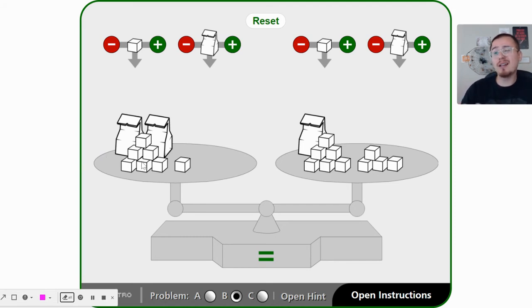It looks like I got 7 blocks on the left and I got 10 blocks on the right. Now you might be able to logically in your head be like, oh, I think each bag has 6 blocks, 5 blocks, 4 blocks, whatever. But can somebody help me out, walk me through this? And again, if you're doing this on paper yourself, you could draw a little scale. You could draw a little bag.